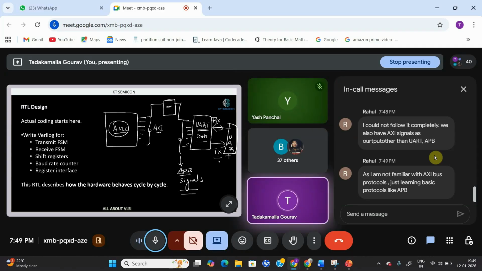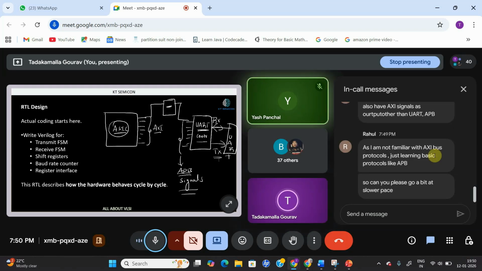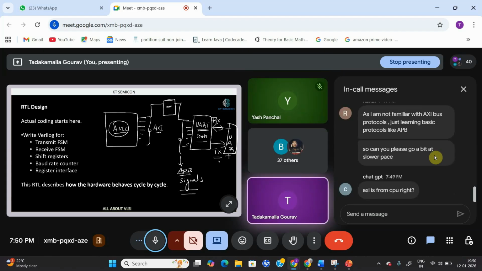That is what I am saying, there is a bridge present in between. Rahul, yeah, AXI is from the CPU, exactly. I am not thinking of going into these deep concepts because there are a lot of freshers also. But just try to understand there are a few signals.